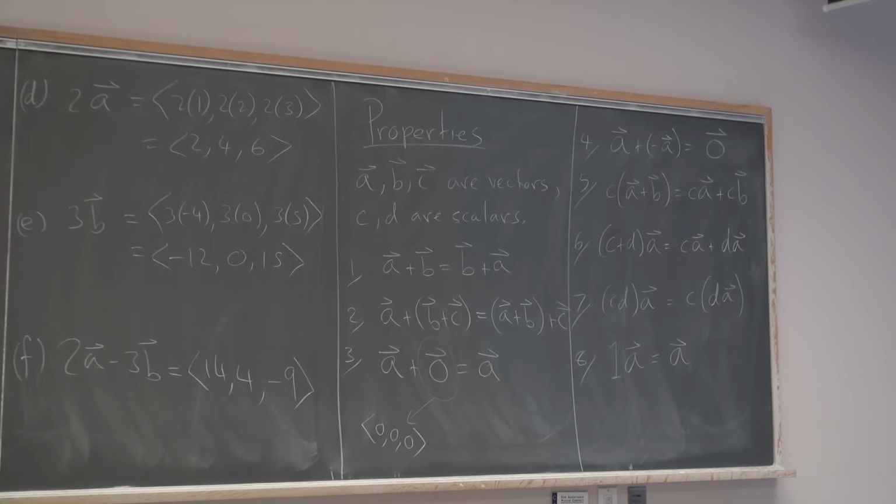Okay, let's talk about the standard basis vectors. In 2D, we call these guys i and j. This is the vector 1, 0. This is the vector 0, 1.